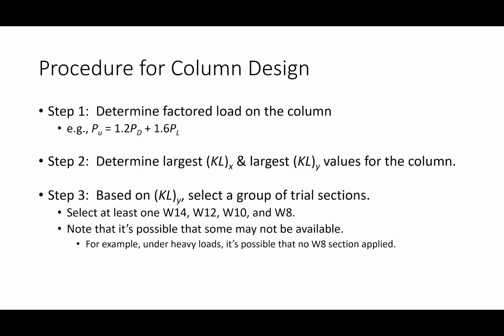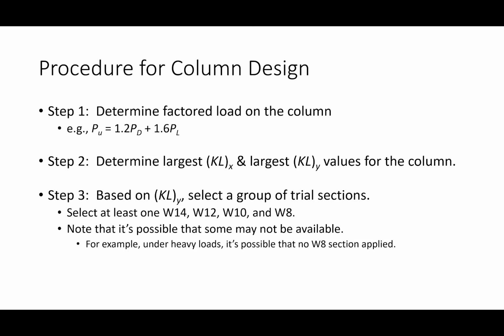Now, we're going to use this to select a group of trial sections. And I'll get to that here in a bit. But what's most important is that we are going to use KLY to pick these. Why? Because that's how the table's written, right? The table is written based on the capacity with respect to the least radius of gyration, with respect to RY. So we are going to select a group of trials based on KLY.